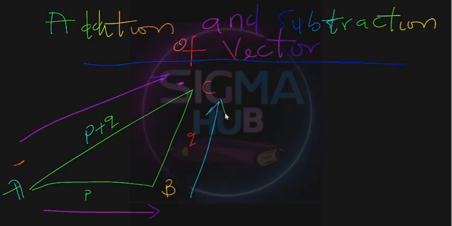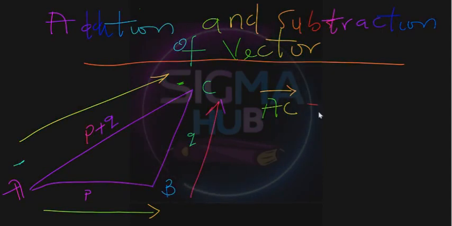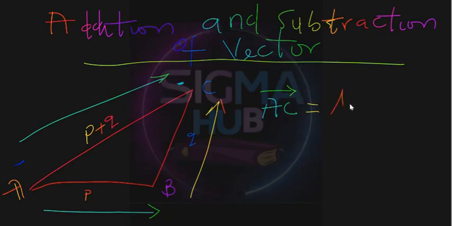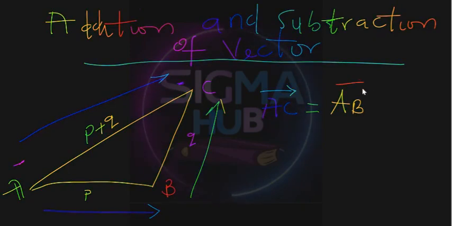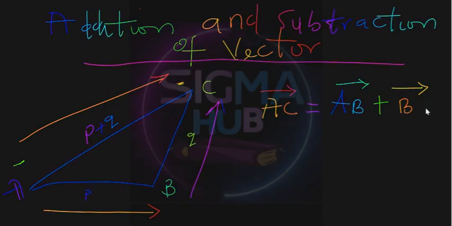That is, vector AC is said to be the sum of vector AB plus vector BC.